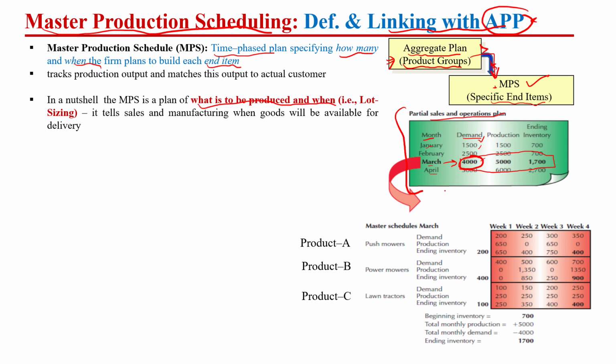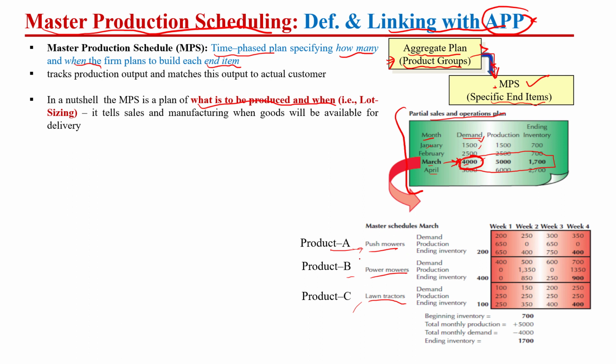Because we are talking about a product family, here we have push movers, power movers, and lawn tractors, which are the end products. In short, we can say product A, B, and C. We are going to disaggregate this particular demand.